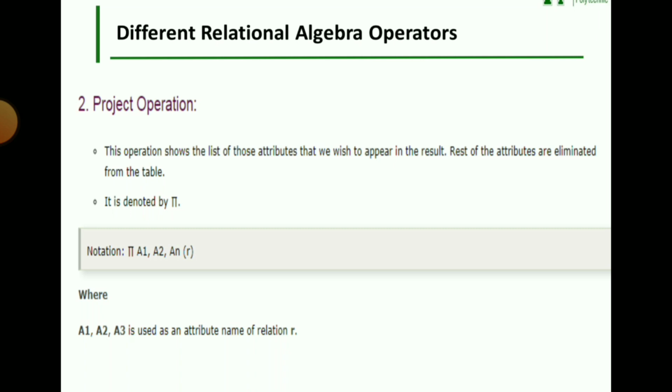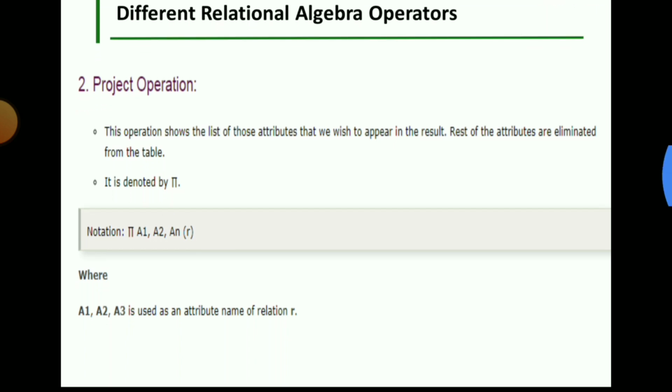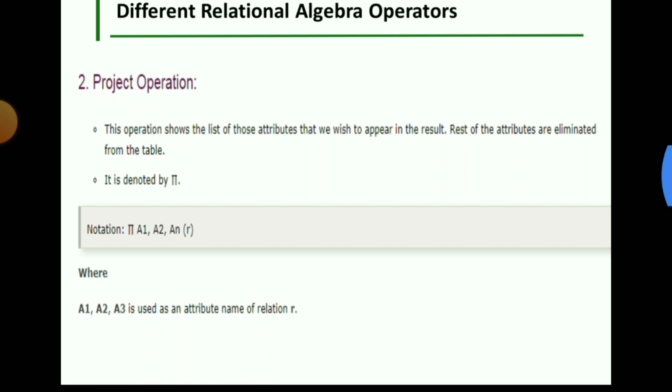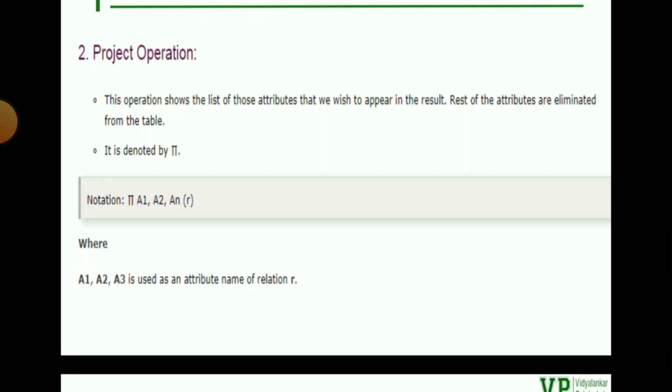The second one is the project operation. What does the project operation do? It shows the list of those attributes that we wish to appear in the result. Means it will display the attributes which we want, like the columns which we want to see. The rest of the attributes will be eliminated from the table, means only those attributes which we need will be displayed and the other columns will not be shown. The project operation is denoted by pi.